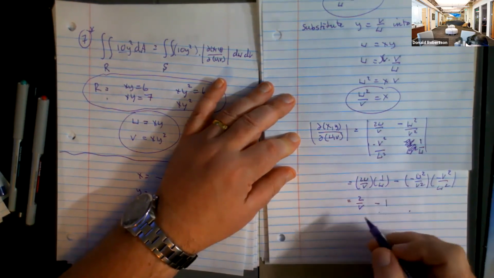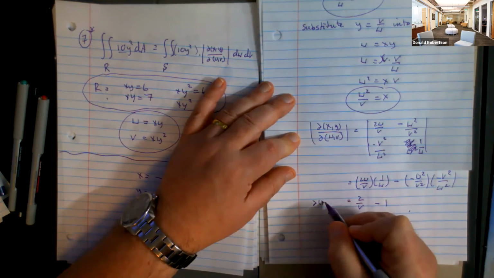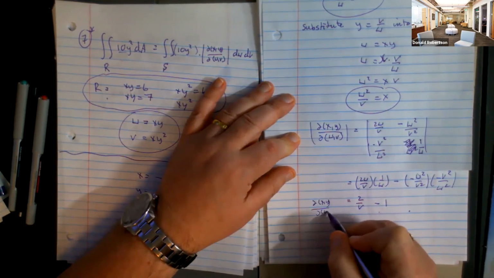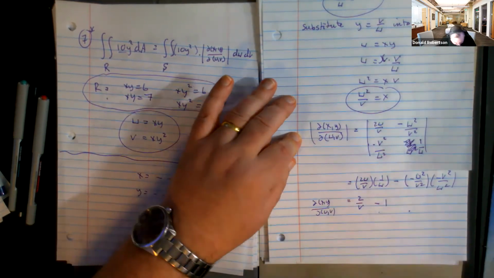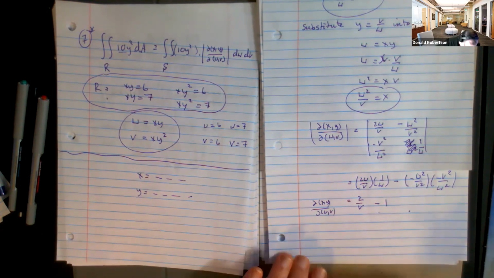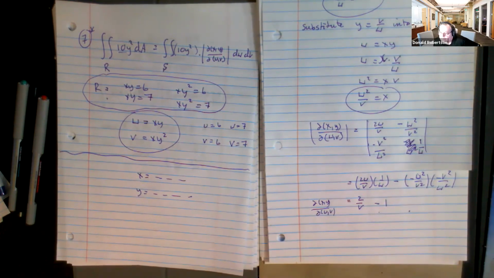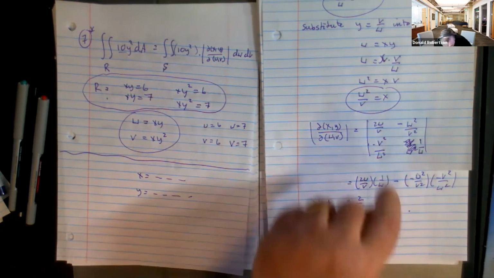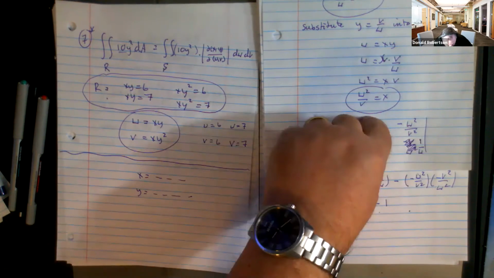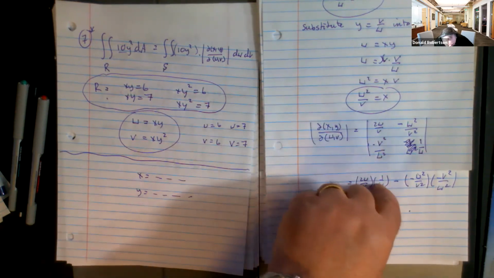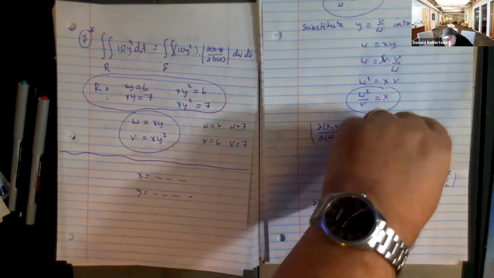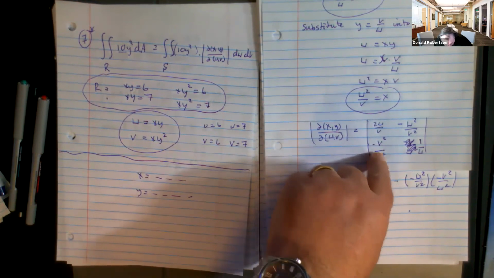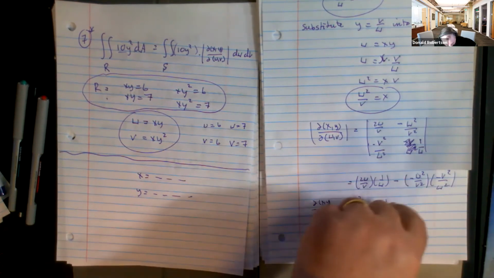Oh, I make the Jacobian. That guy. Does that guy look good? This times this, the u's cancel, and you get 2 over v. This times this, everybody cancels. There's a negative, and one more negative, so it's a negative 1.